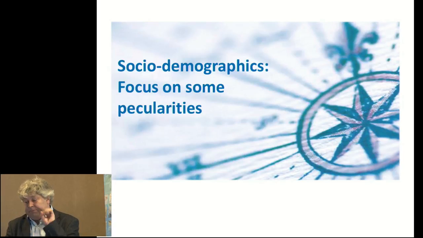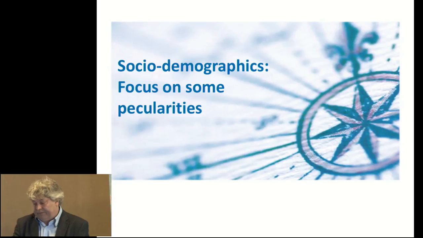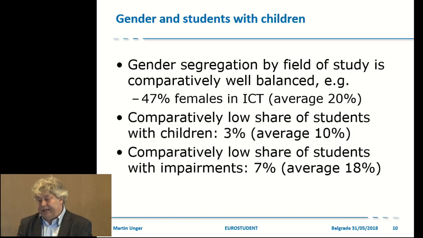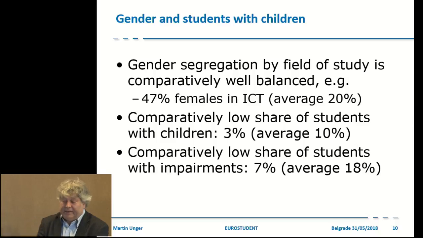Then here I just picked out some of the highlights where Serbia might be a little bit different to the other countries, because I know that my Serbian colleagues will go more into detail. What I found surprising, I already mentioned it, is that the gender segregation by field of study is far less explicit than in most other countries.